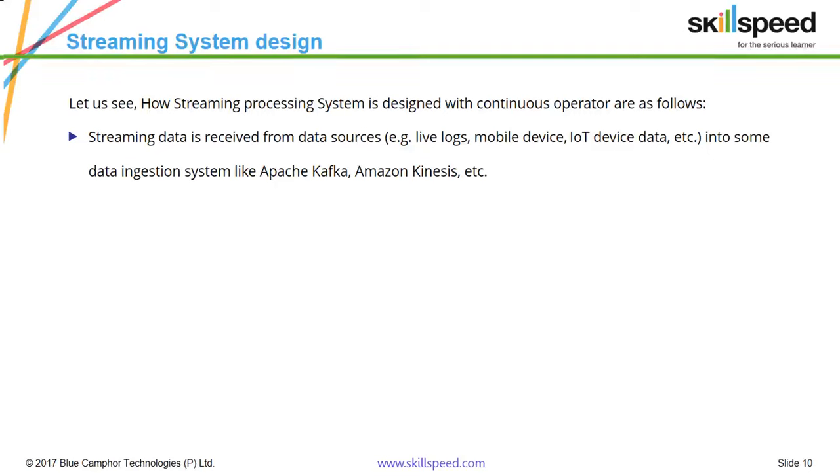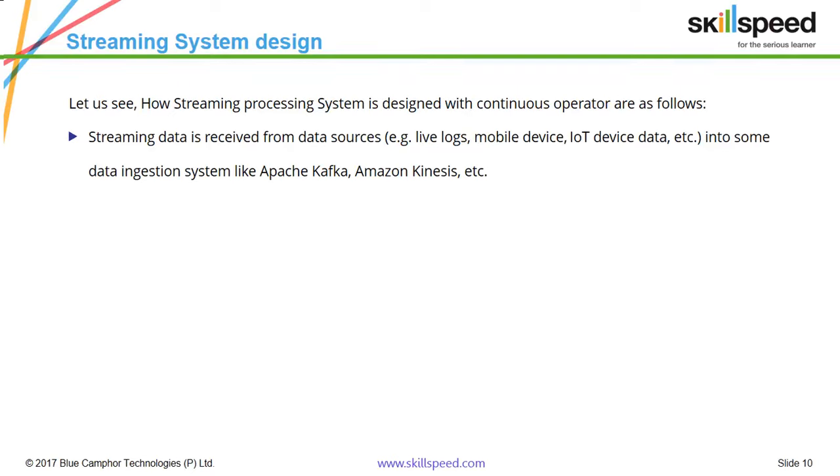The proper way to collect the data is to get it into an intermediate storage such as Apache Kafka, Kinesis, or Flume. The data may come in the form of live logs, from mobile devices or social media such as Twitter, or as sensor data such as Internet of Things.